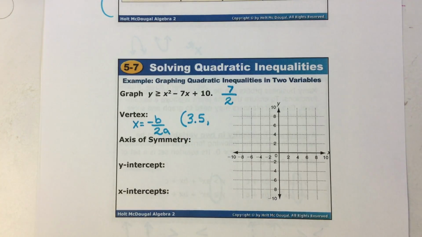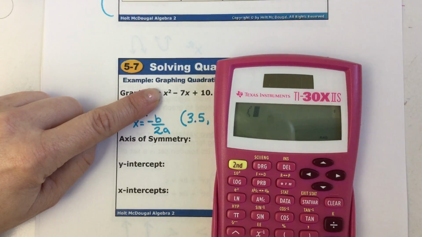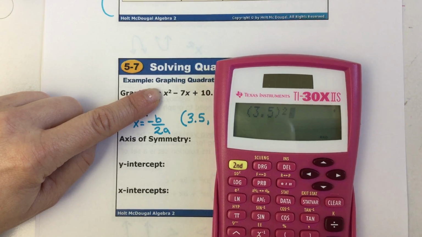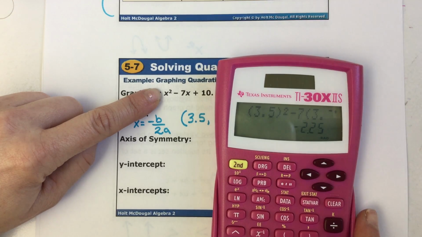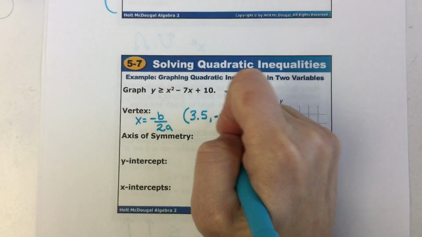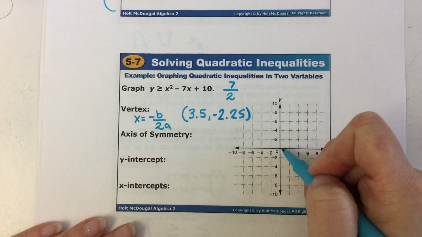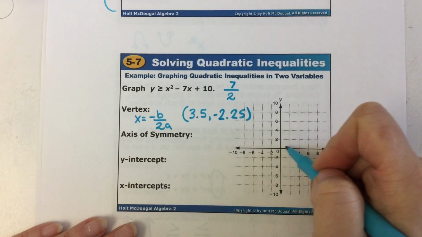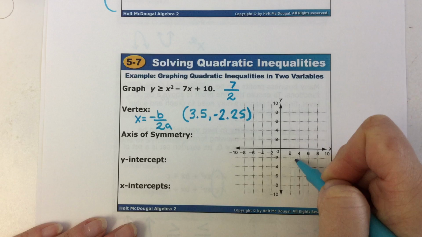Now to find the y value, I have to fill that into the original. So if I have 3.5 to the power of 2 minus 7 times 3.5 plus 10, my y value is going to be negative 2.25. So that's where the center point is. I go to the right 3.5 and I go down 2.25.